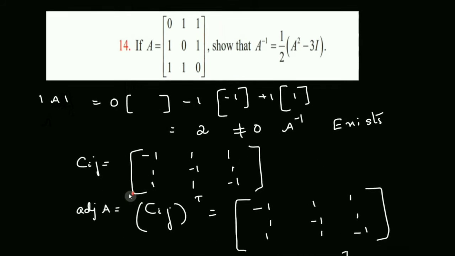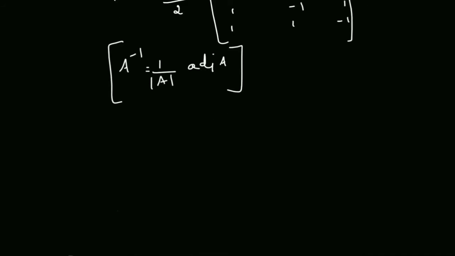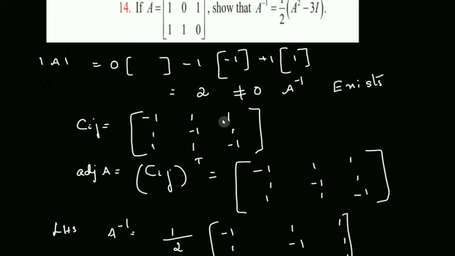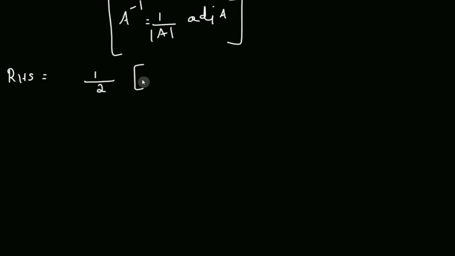Now the right hand side is half into A square minus 3I. So let us first find A square.